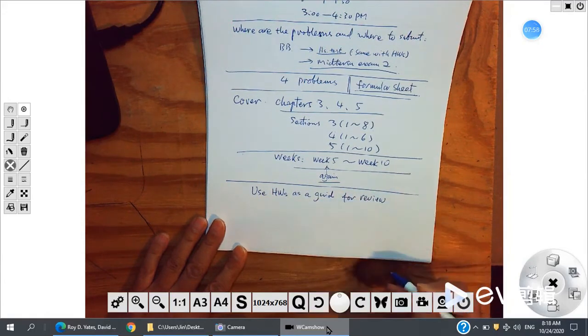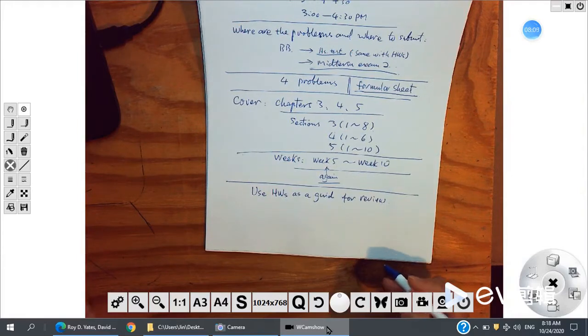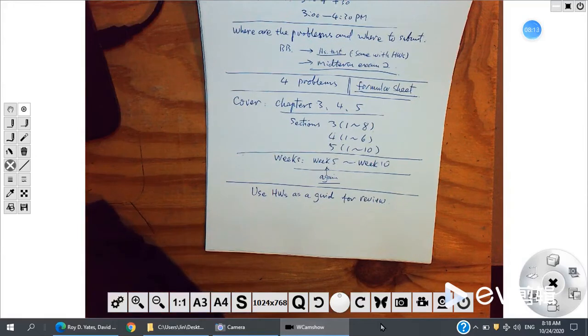You go over the homework problems, you read the homework problems, and every homework problem is related with something. For example, if you have a problem where a CDF is given and it asks you for some probabilities, then you should know what a CDF is, and how to calculate the probability.